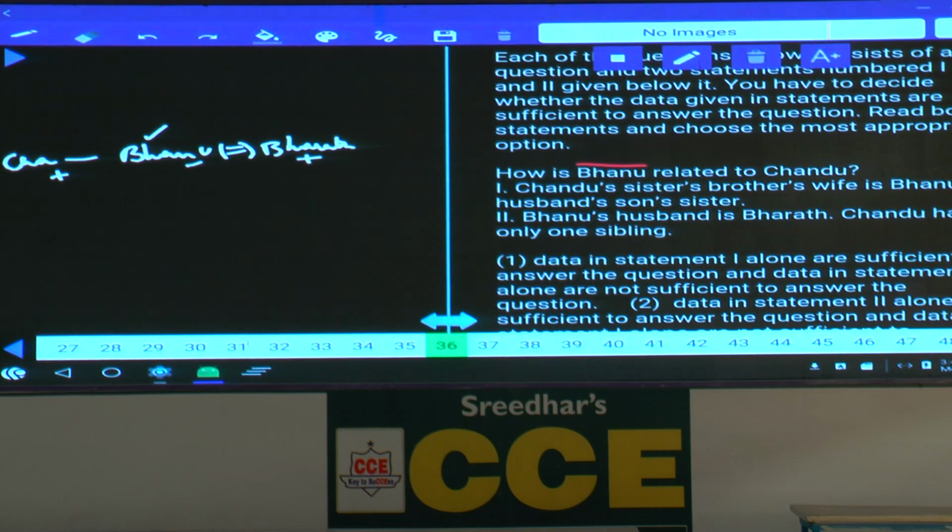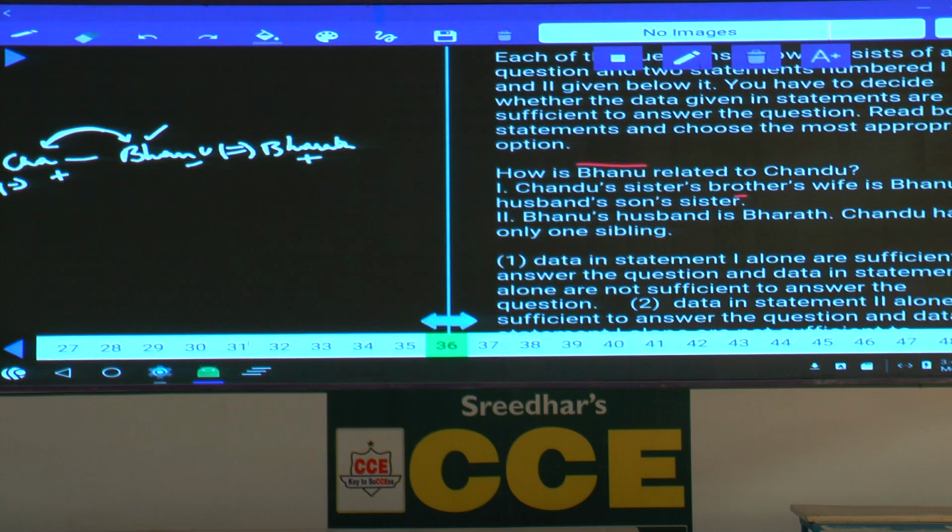Because Chandu is having only one sibling. Chandu's sister is Banu, and Banu's brother is Chandu. Chandu's wife is Banu's husband's son's sister. Are you getting the answer here?